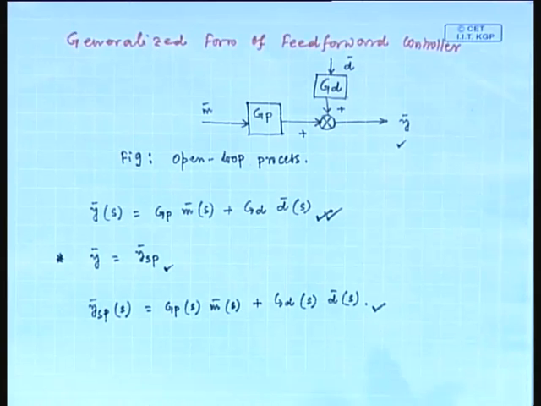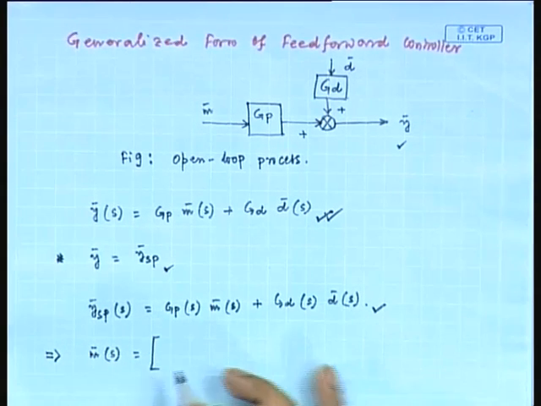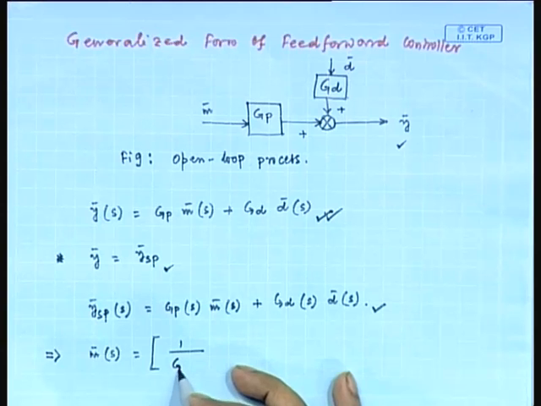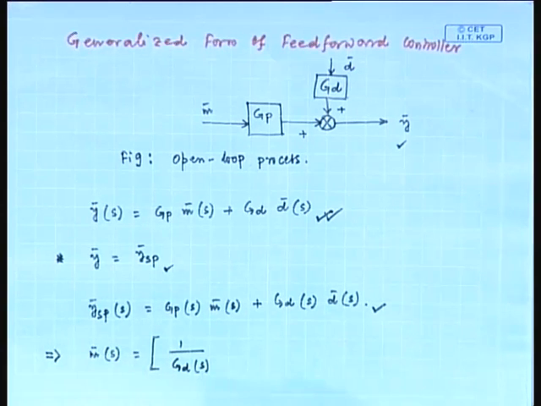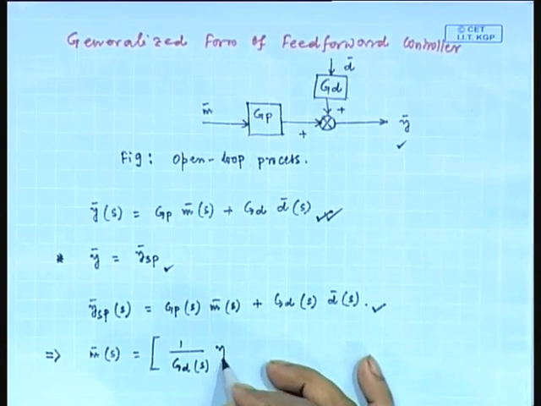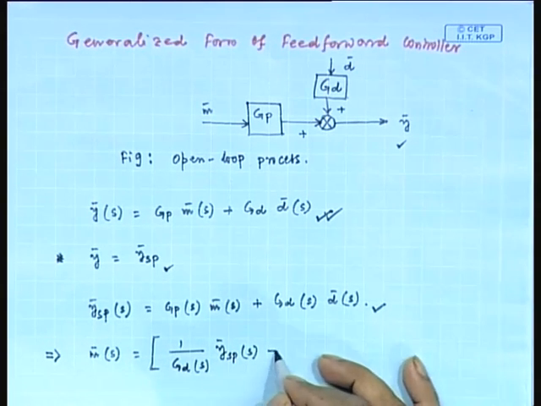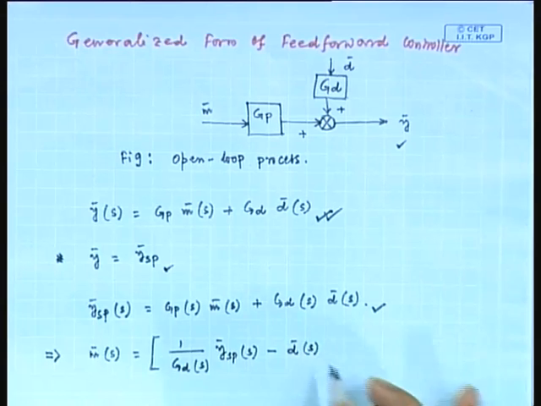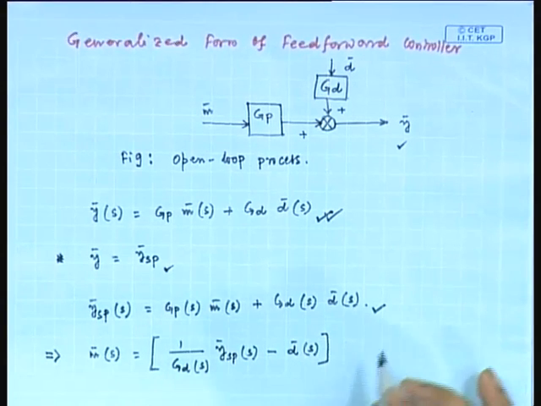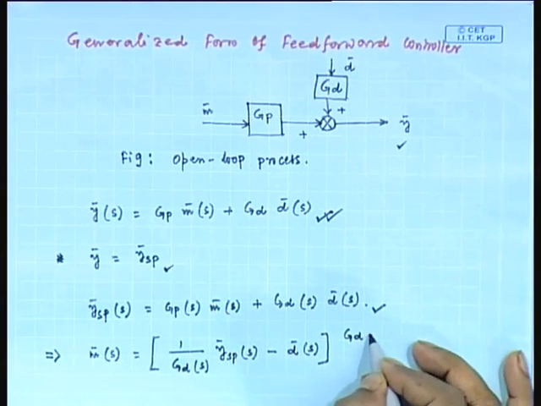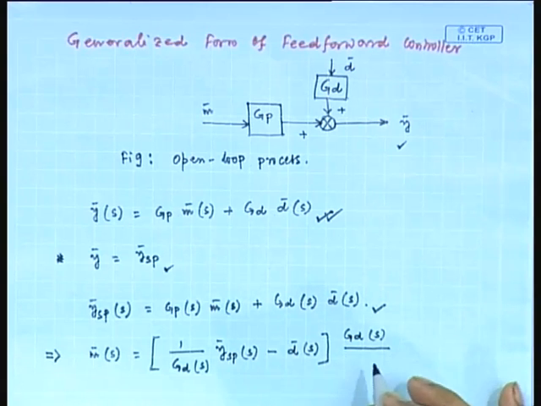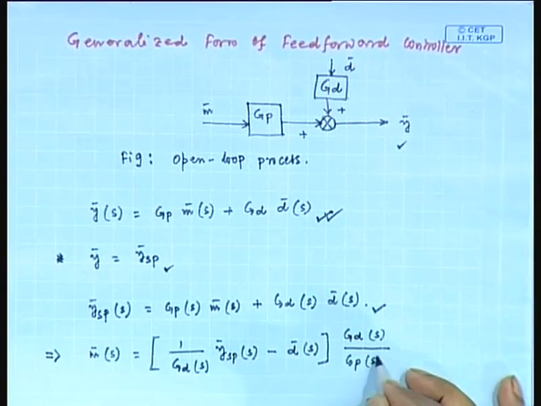Now, if we rearrange this equation, we obtain m bar s, which is equal to 1 by GD s, y set point bar s minus d bar s, multiplied by GD s divided by GP s.